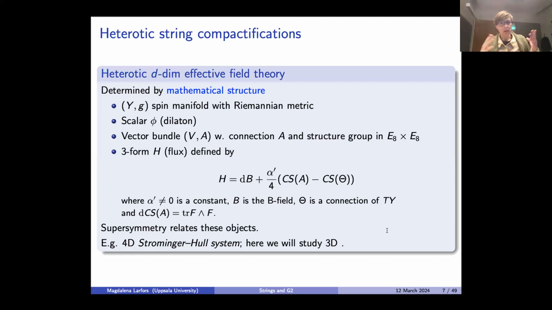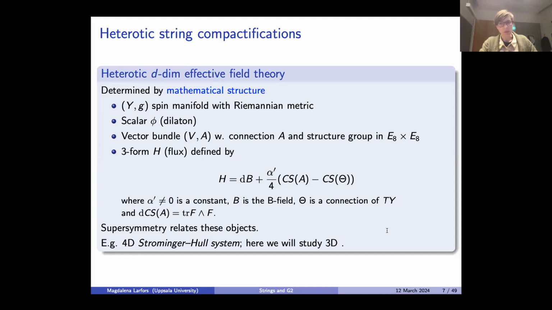Okay, so this is the mathematical structure. We have this tuple of objects: a manifold, a scalar, some connections, and a three-form flux. Then supersymmetry will relate these objects, and it will provide constraints on what these objects are.